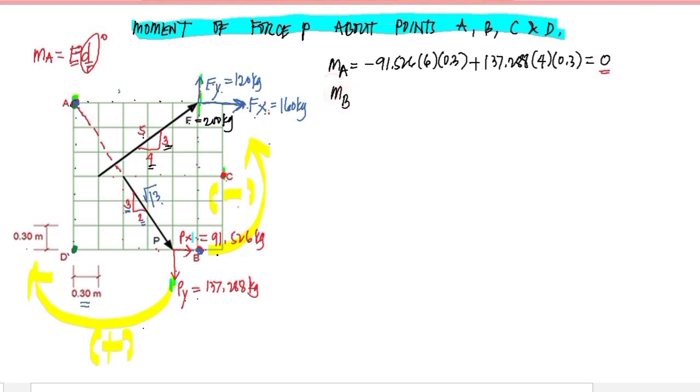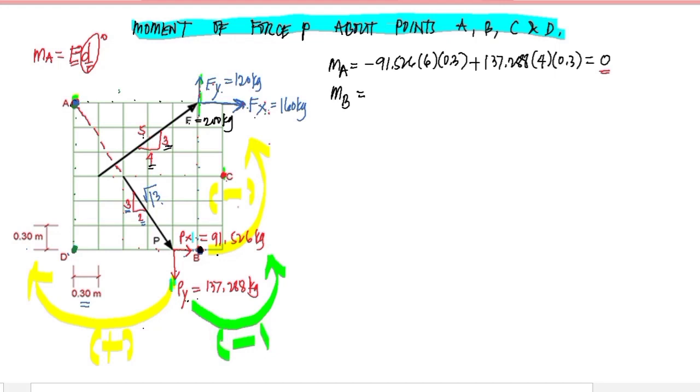So, how about the moment at point B? So, at point B, since nandito si point B, si Px ay tatama sa point B. So, therefore, it will not create moment at point B. And si Py na lang yung mag-create ng moment sa point B. And as you can see here, Py will rotate counterclockwise and it's negative.